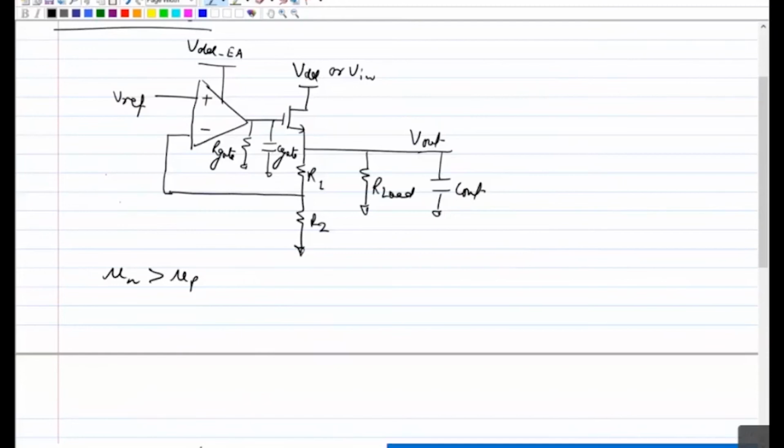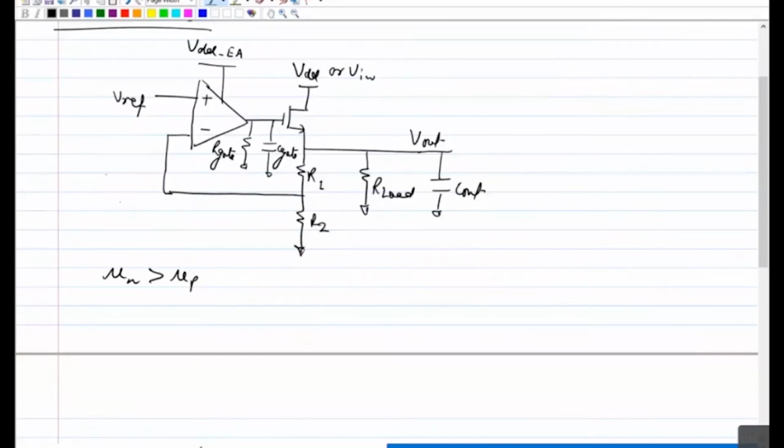But if you want to keep the error amplifier output, or the gate pole, as dominant, then you have to put a compensation capacitor C gate. And we cannot use Miller cap here because your output is connected to the source, not the drain. So you don't get any gain from the output stage. Can anybody tell what this output stage looks like? Which kind of amplifier is it? Common drain. Yeah, common drain or source follower, correct.